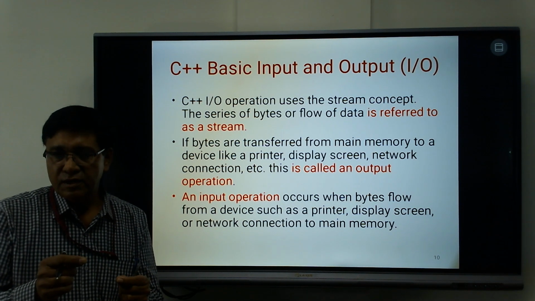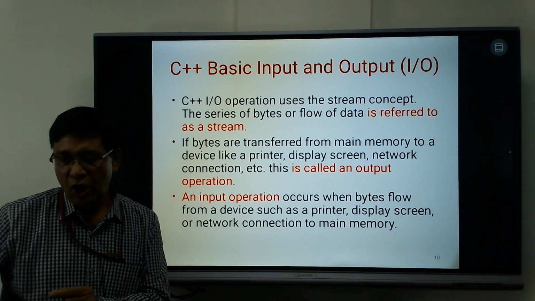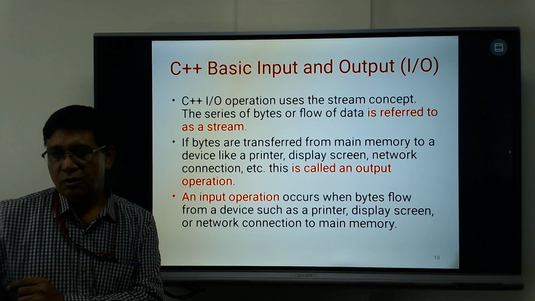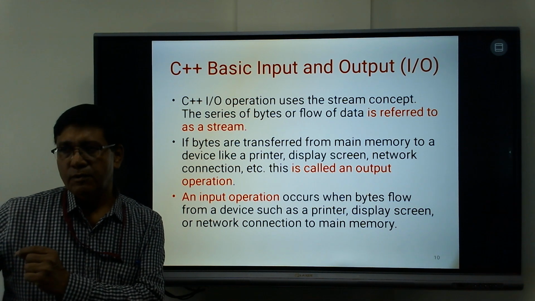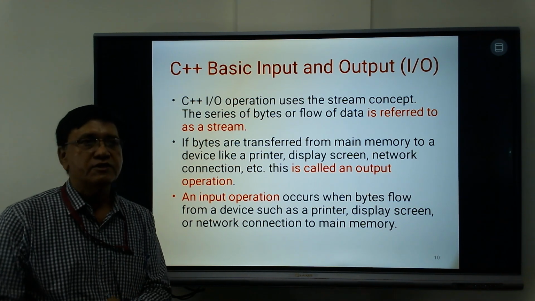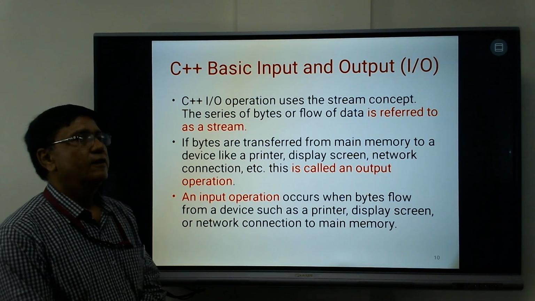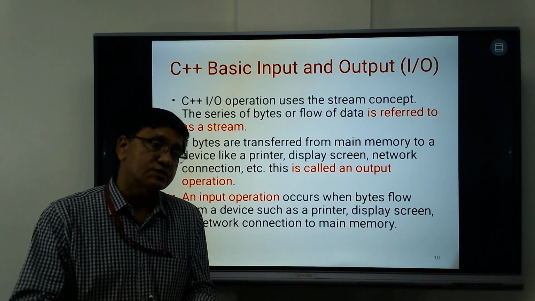For example, if the data is flowing from input devices, from the keyboard or any other device, to the memory, then it is known as the input stream, because that stream of bytes is coming inside the computer system, in the memory.